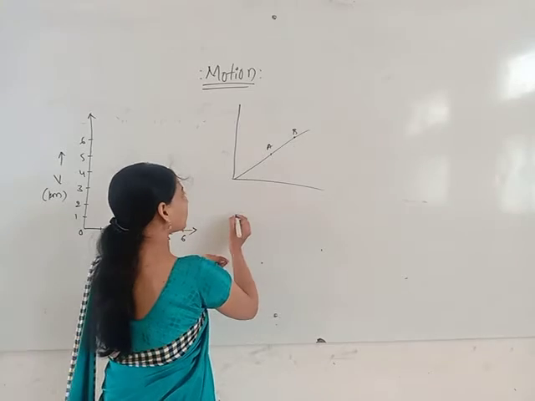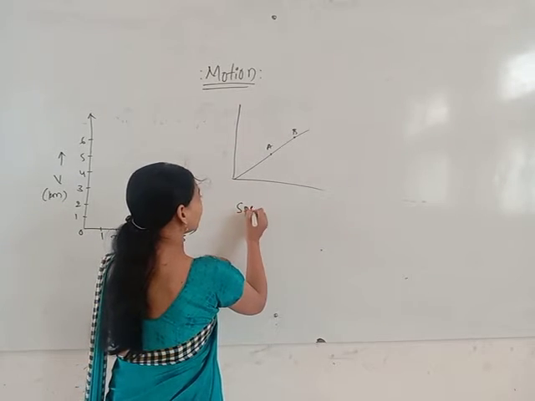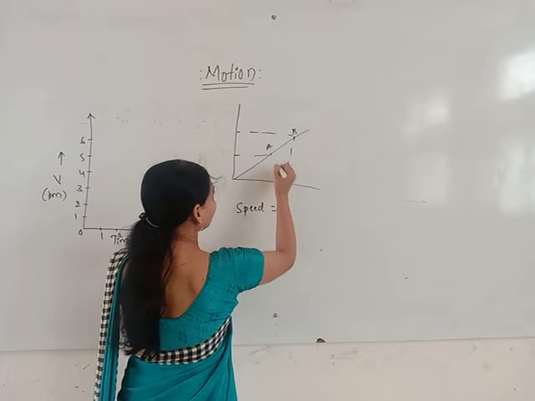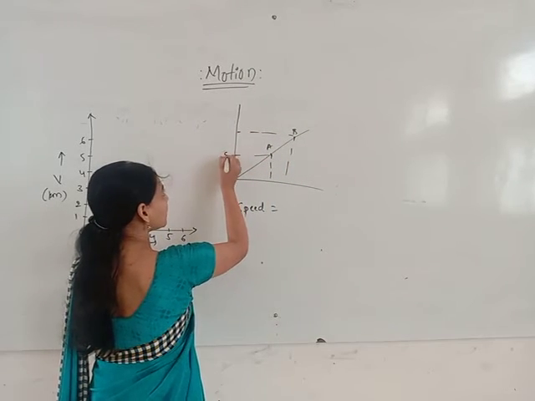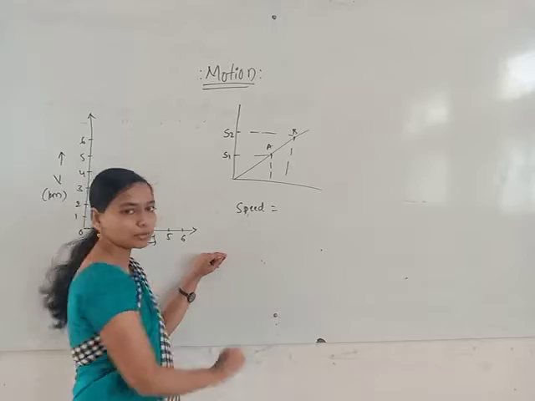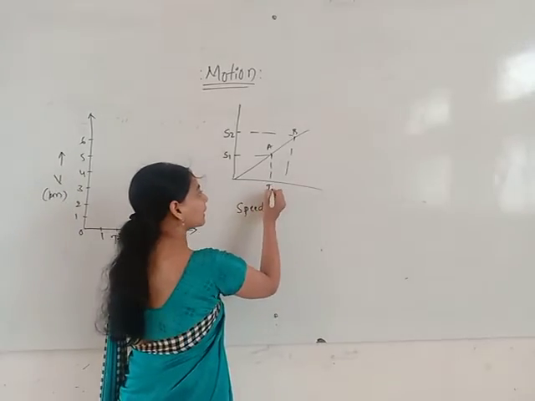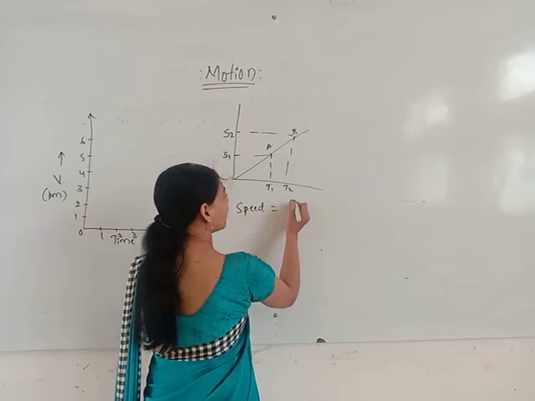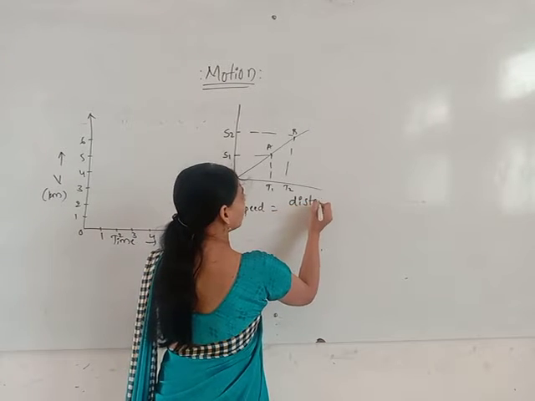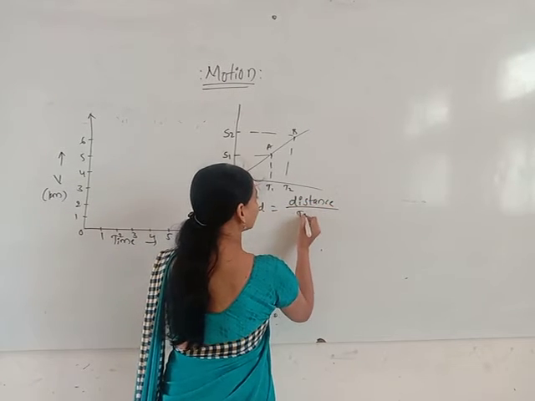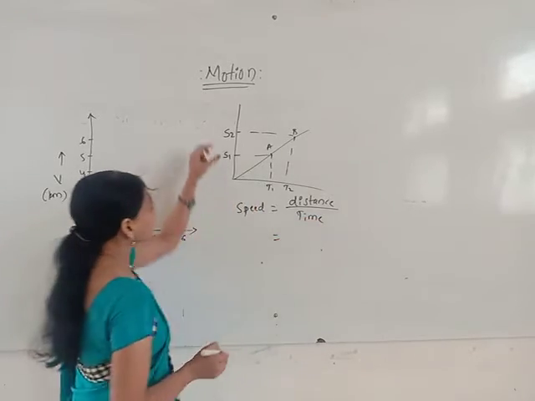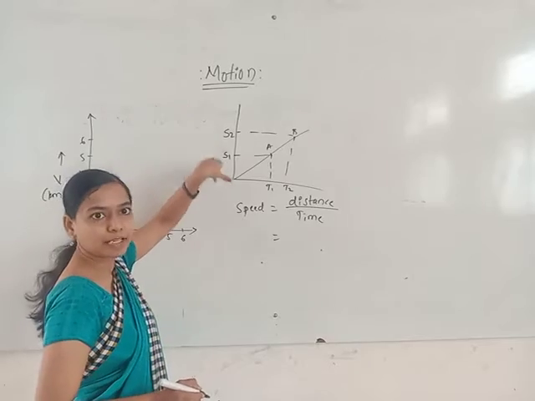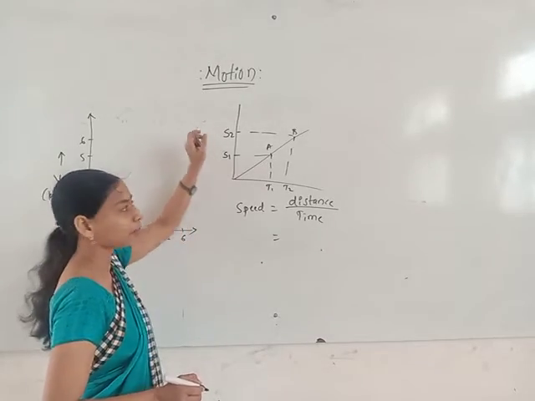Okay, at that time what we did is, speed is equal to, here we just took the parallel lines. Here distance we took as S1 and S2, and time as T1 and T2. That time distance means distance traveled by an object in the time. This is the distance time graph, I am taking it as an example.